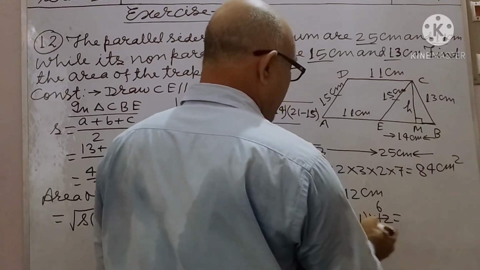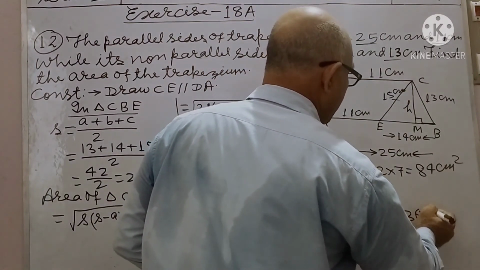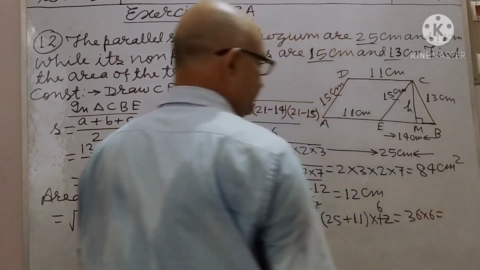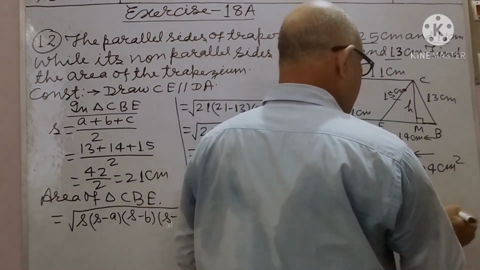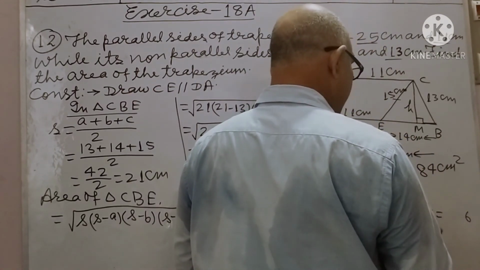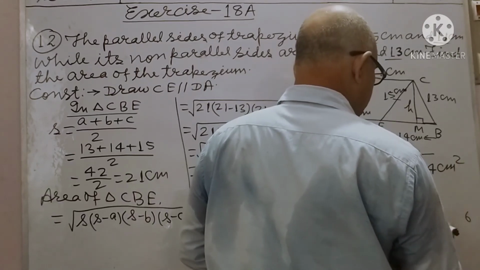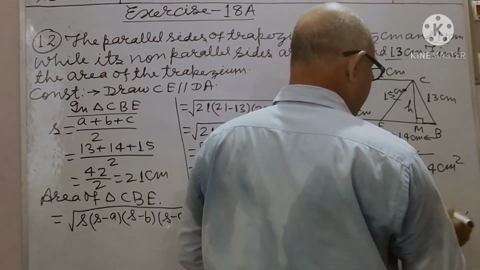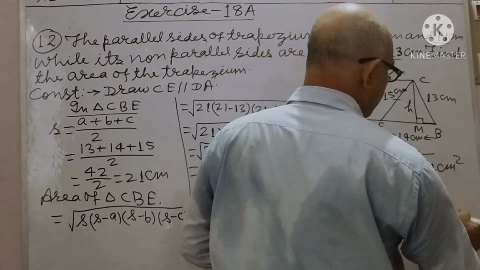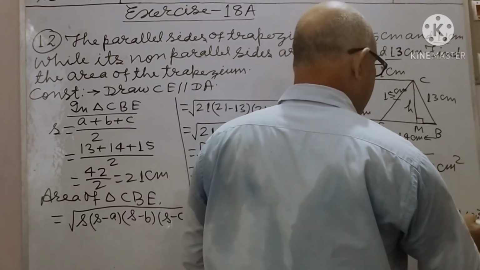So 25 plus 11 is 36 into 6 equals 6 sixes are 36, carry 3, and 6 threes are 18 plus 3, 21. 216 cm square answer.